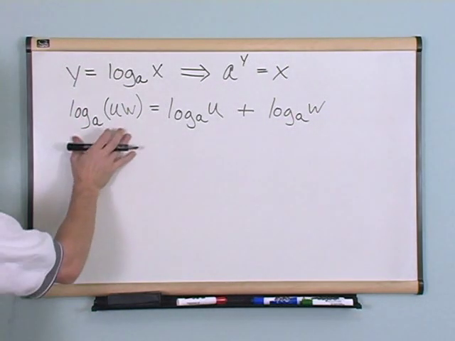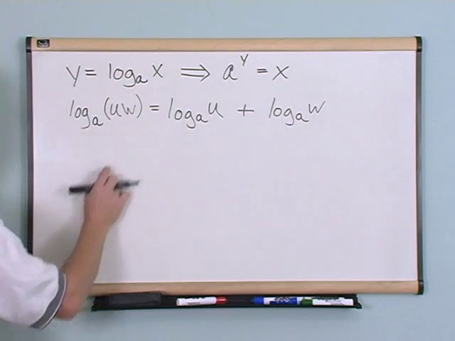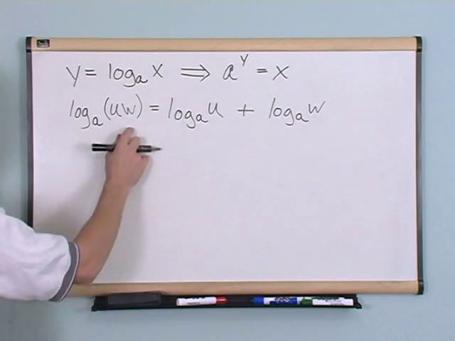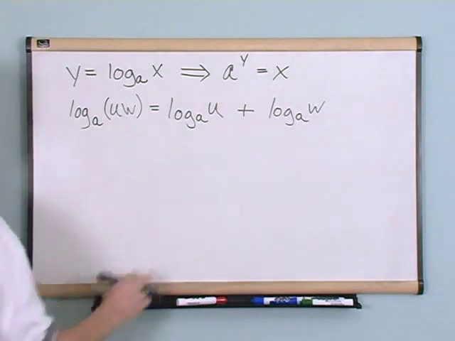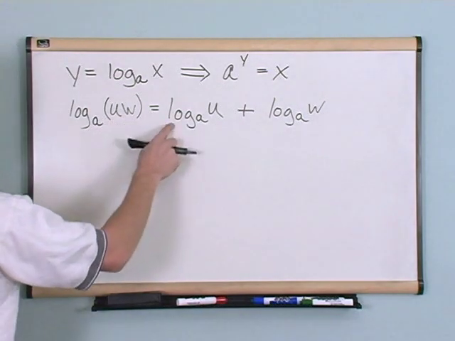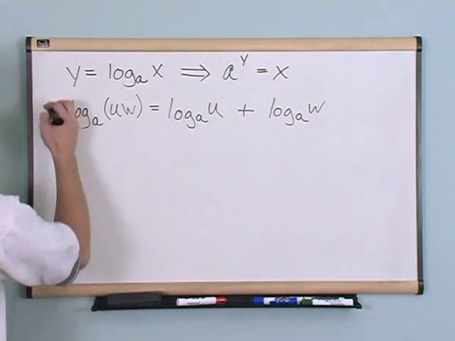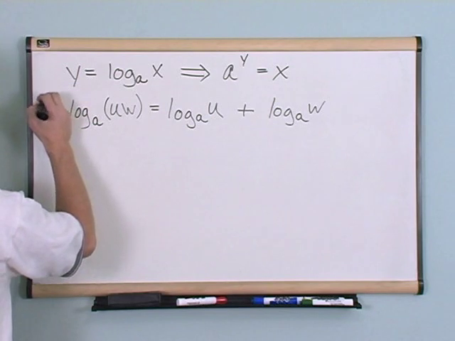What I'm trying to say is, if you're trying to take a logarithm of something, and this something is two things multiplied together, all it is is the log of the first one plus the log of the second one. So if these were two variables, x and y, it'd be log of x plus log of y, if they're multiplied together in there, just like this. So this is very important. Remember this.